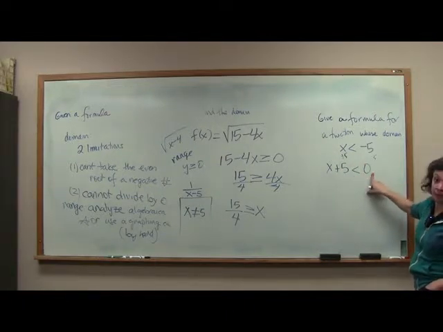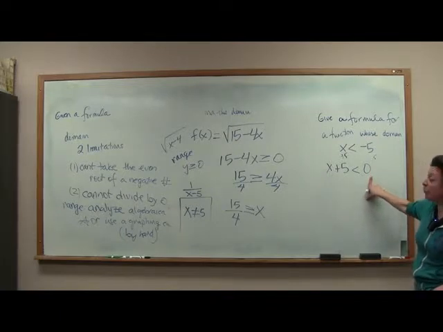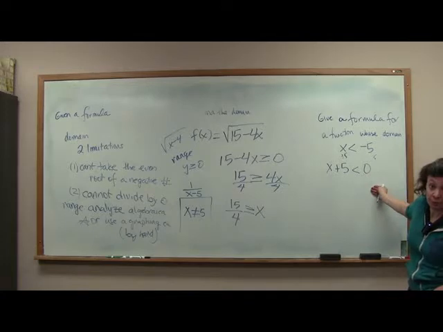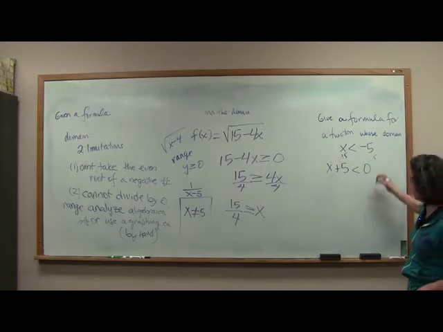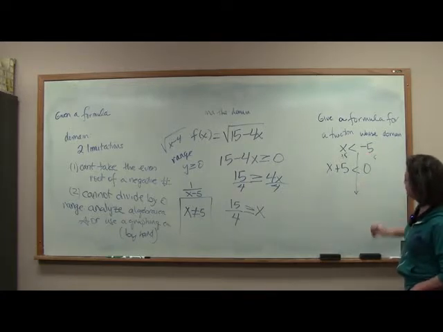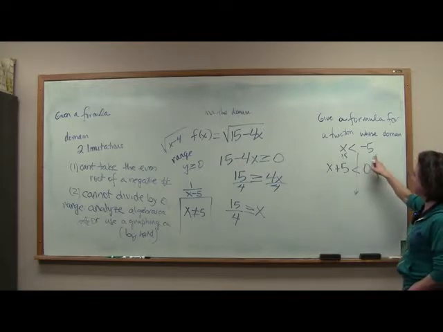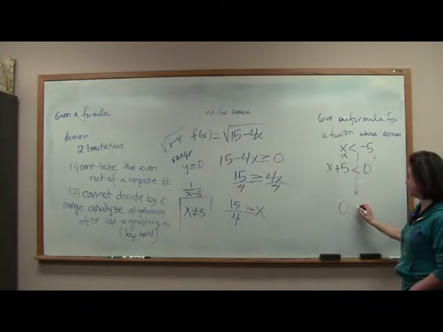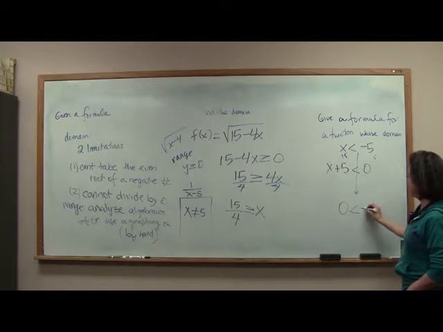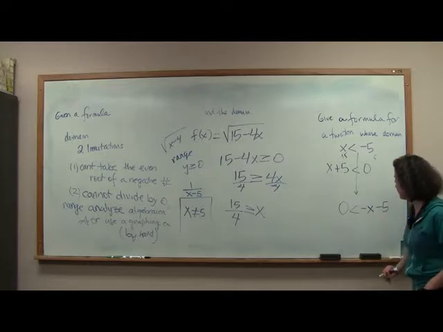How can we flip the inequality sign? Well, one thing we could do is multiply through by a -1, and that would do it. Or we can take this guy right from the get-go, and instead of moving my 5 over, we could move my x over. Okay, -x minus 5.